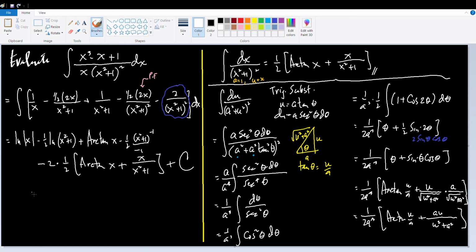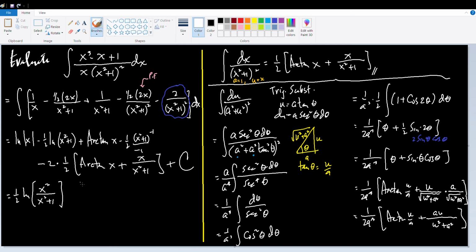Okay, now let us combine the two ln's here. So that will be 1 half ln of x squared all over x squared plus 1. I factored out 1 half, so the 2 together with ln x becomes the exponent of x.